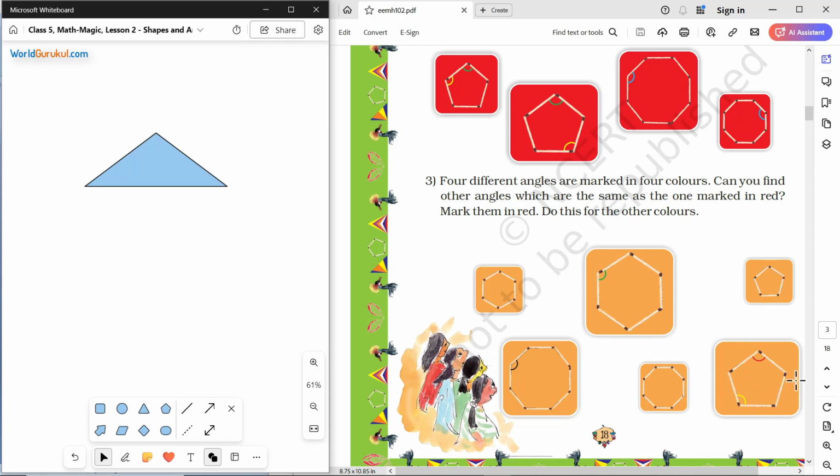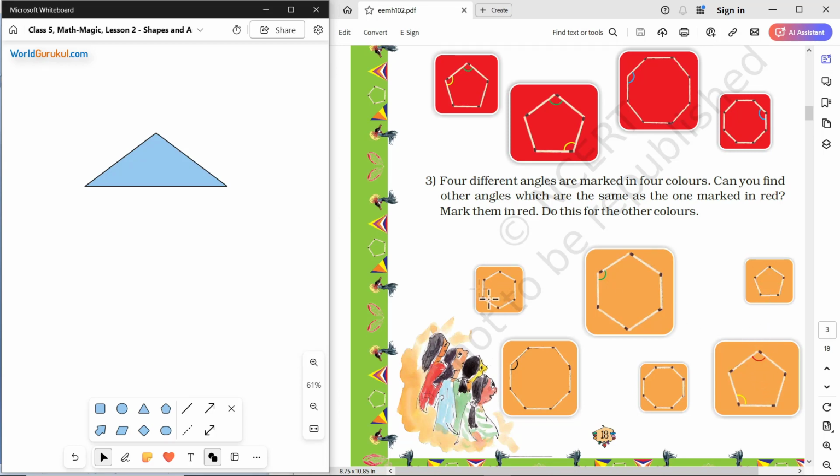So we have two pentagons here. Let us check these. In this pentagon, this angle is marked with red. Can you spot the same angle in the pentagon above? That is going to be here on the top, right? You have to mark this in red and this yellow. The yellow will match the angle at the bottom left for these two pictures.